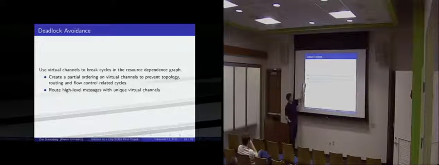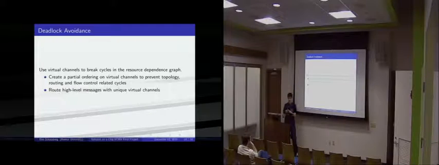Generally, what you want to do is use these virtual channels to break cycles. If I have some topology, routing, or flow control that causes a cycle, I can use virtual channels to say, okay, at this point when you turn from the x dimension to the y dimension, go from virtual channel 0 to virtual channel 1, and never go back to virtual channel 0.